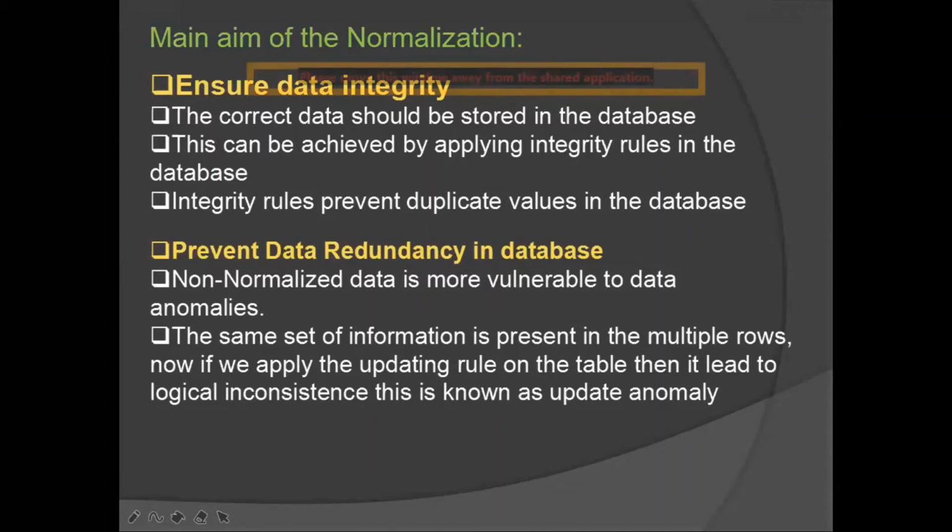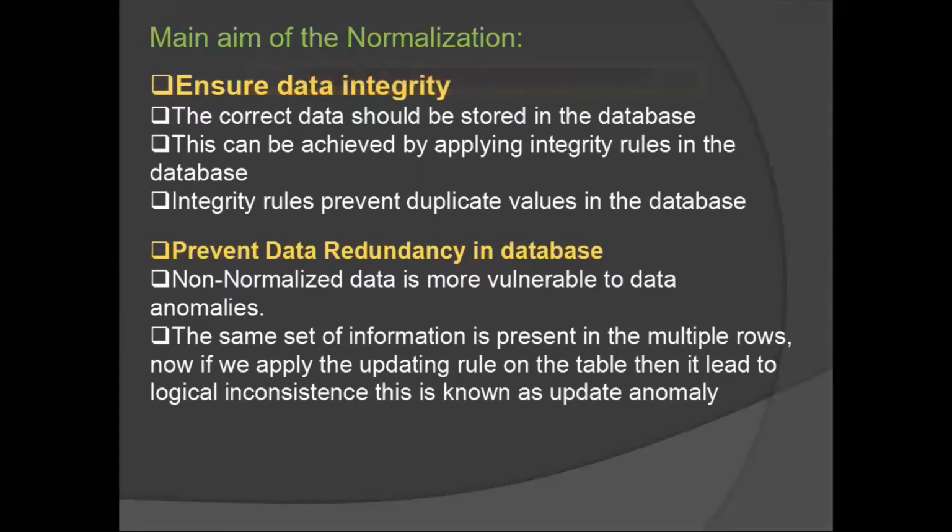Data integrity doesn't allow you to put duplicate data, as we have learned in our other sessions what integrity rules are and how these rules are applied to our particular data. So it makes sure that the data stored in the database is correct, it's not duplicate, and all the integrity rules are followed.